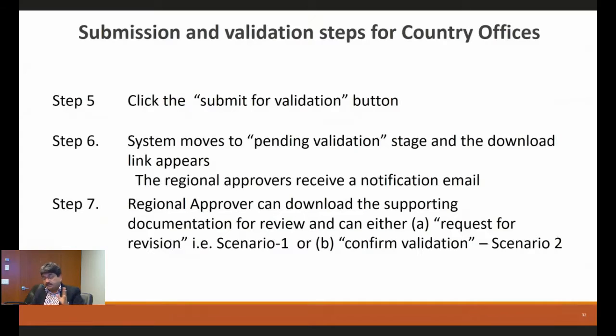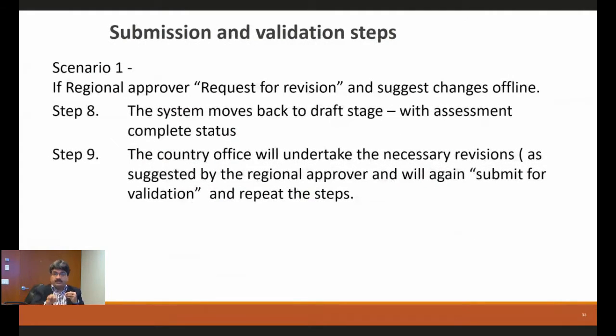After that, the regional approver will go into the system, and they will have two options. First of all, the approver will go into the system and download the file which you attached in the previous stage, and then they can review the file, make comments, talk to you, email you, and if they think that this assessment needs a bit more work, then they can request for revision.